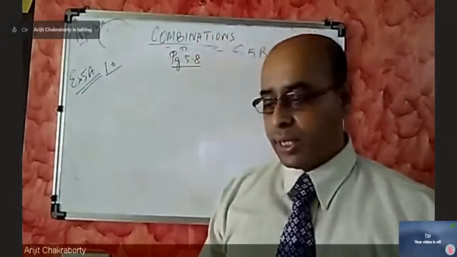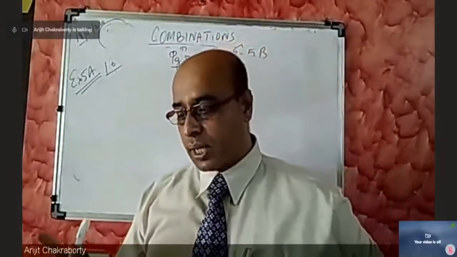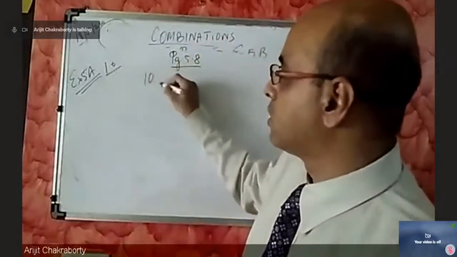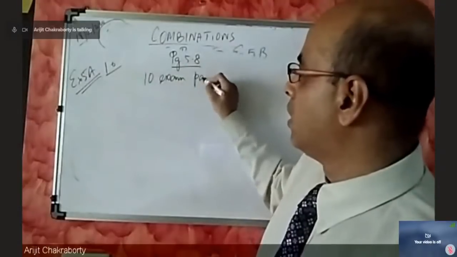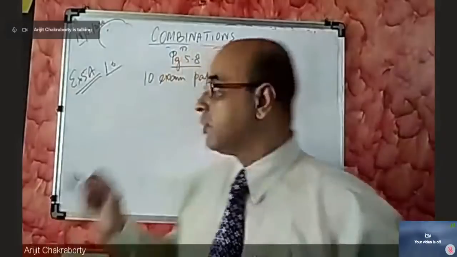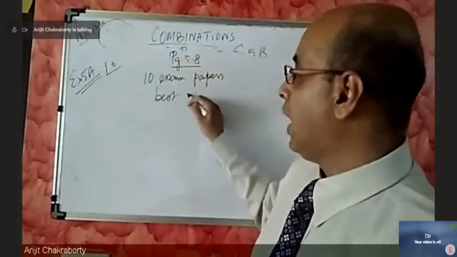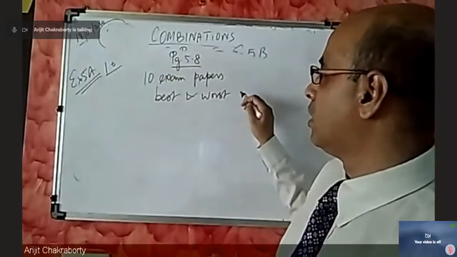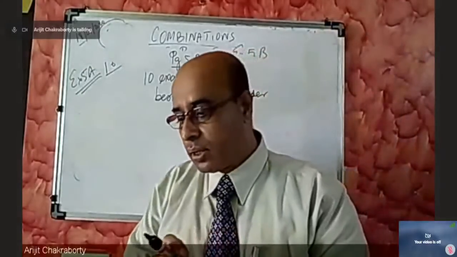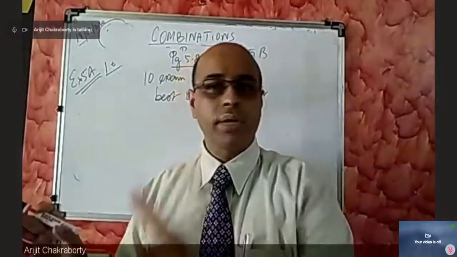The question is: 10 exam papers are arranged in a way such that the best paper and the worst paper will never come together.